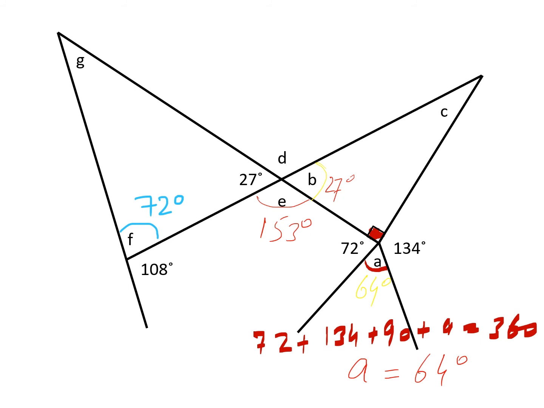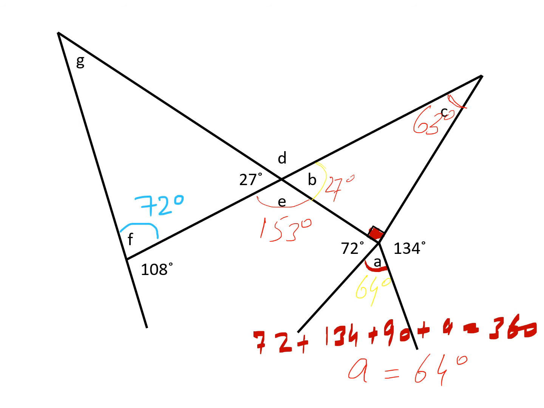Now further, we already solved for b, and if we want to solve for this triangle, since we know this is 90 degrees and this is 27, how much must this angle c be? Since this is a triangle, and in a triangle the total angle is 180 degrees, so 180 minus 90 minus 27 will be equal to 63 degrees.